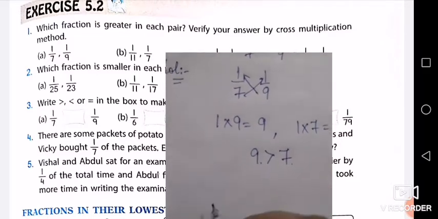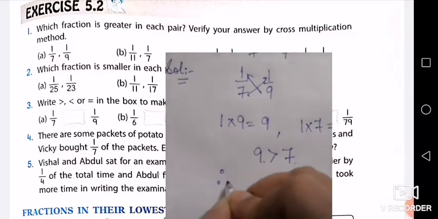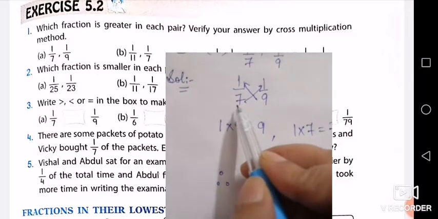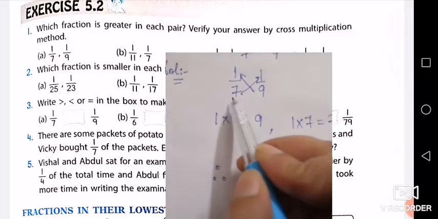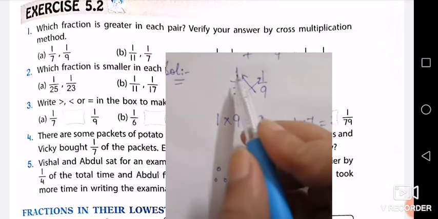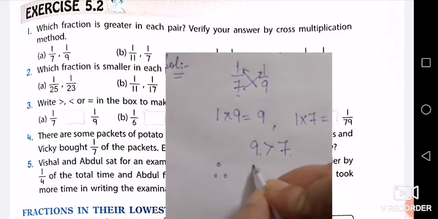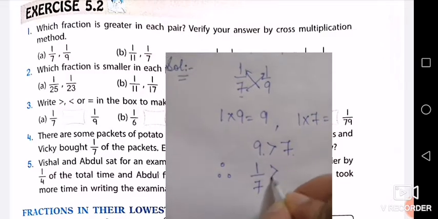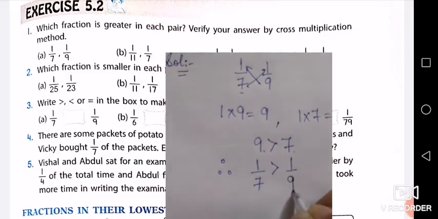But what have we concluded? Therefore, the denominator which has the lesser number, or the smaller the denominator, the greater the fraction is. Smaller the denominator, greater the fraction is.